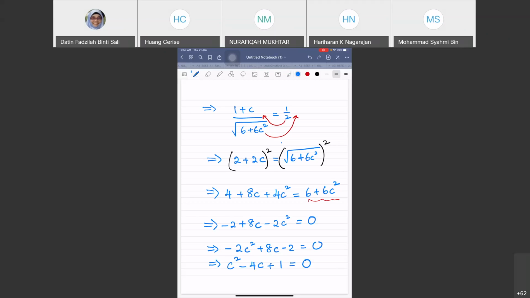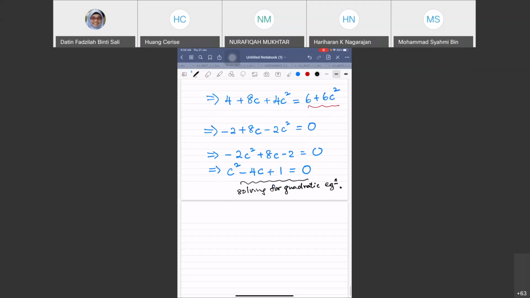Then you proceed, this is actually solving a quadratic equation. You will have two possible answers. Remember, for a quadratic equation, the answers are either two distinct real roots, or one repeated root. In this case, we are not dealing with complex roots.